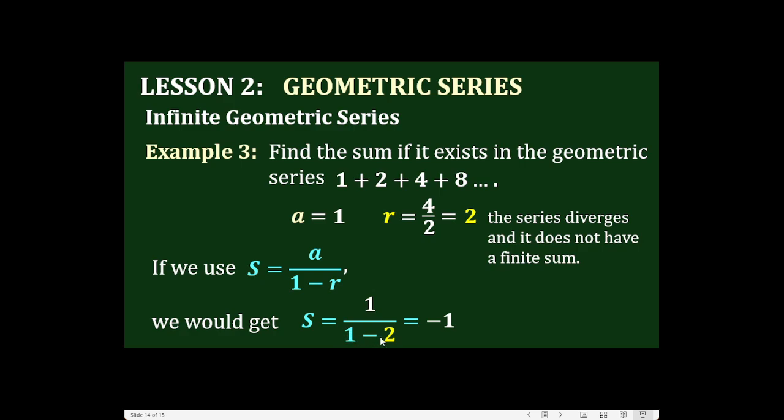And you know that 1 minus 2 is negative 1. So 1 divided by negative 1 is equal to negative 1. If we compare this value to the partial sum, negative 1 is way off from the actual partial sum of 15. So meaning to say, the value is meaningless. Okay?